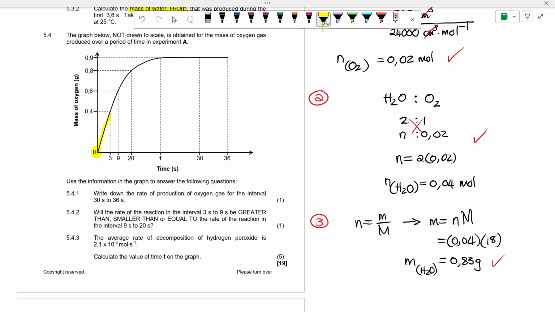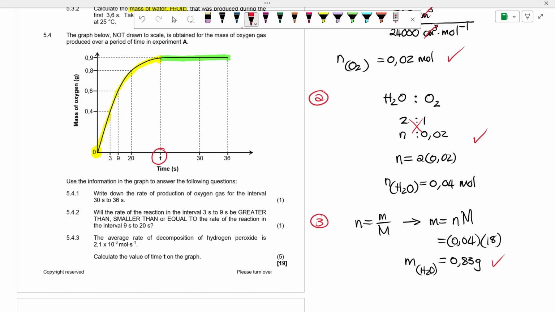After 3 seconds, we already produced 0.4 grams. After 9 seconds, we already produced 0.6 and so on up to a point, and that time value is indicated as just T. We then produce 0.9 grams of oxygen. And it seems like from there on, we stay at 0.9 grams.